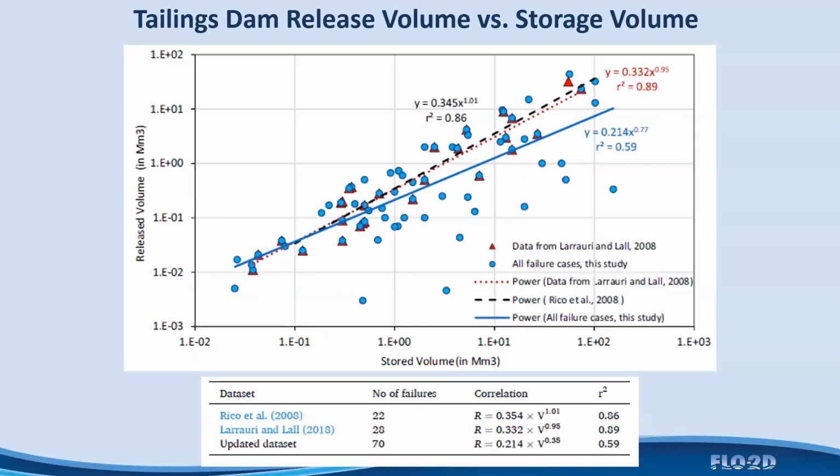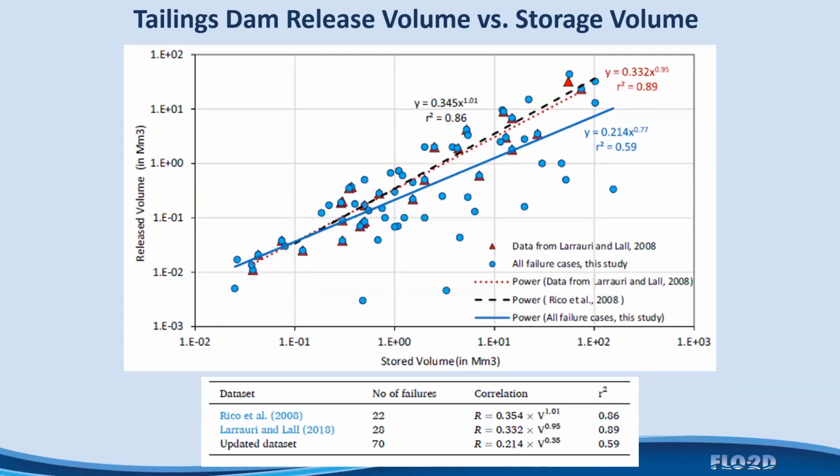We also use other formulas and correlations, like the ones from the Pichulo paper. This comes from a paper in Engineering Geology titled A New Look at the Statistics of Tailings Dam Failures. If you are interested in this paper, let us know and we can share the reference.